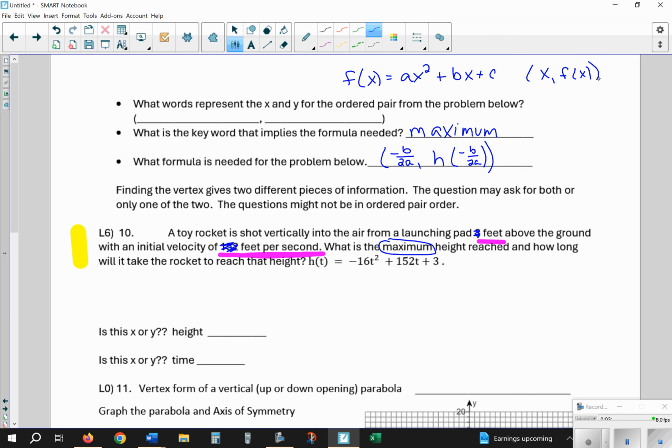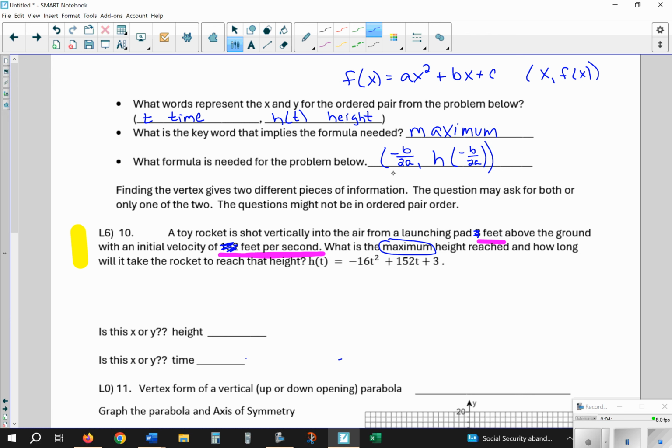So knowing that from standard form, the t, which is going to be time, will represent when I get the x value, and h of t, which is the height, will represent when I find the y value.